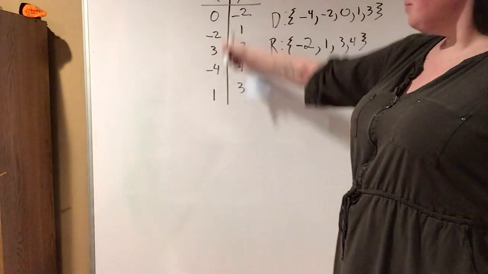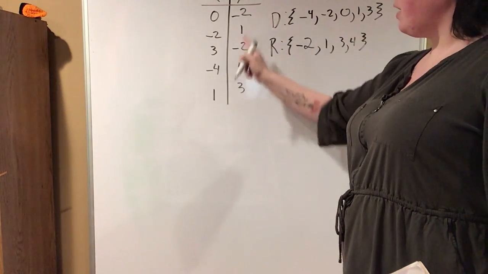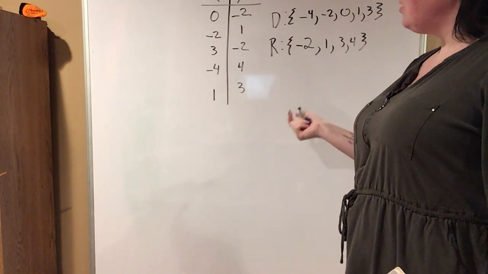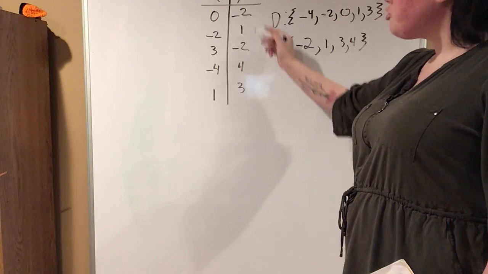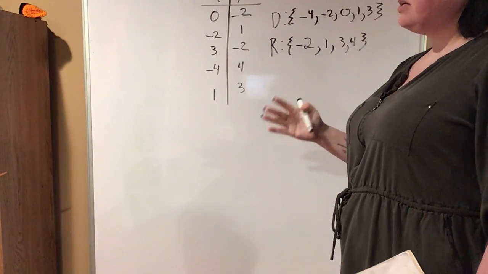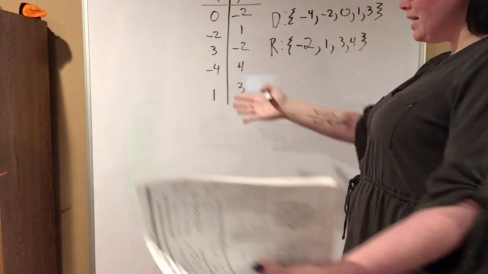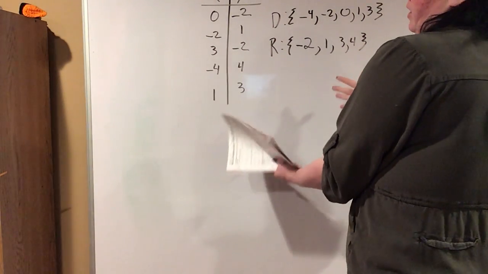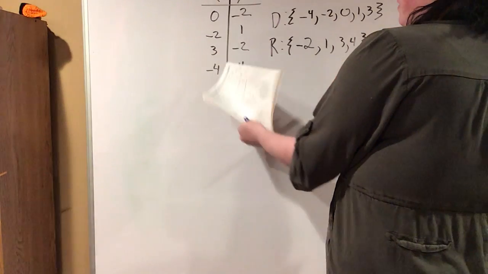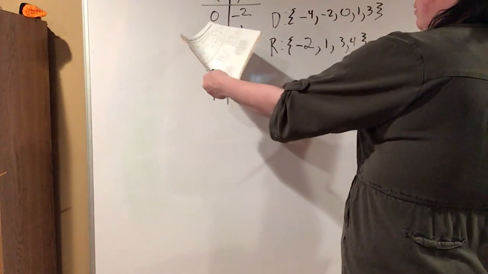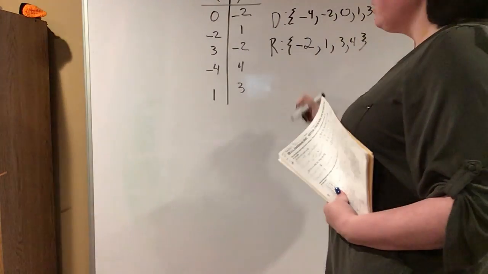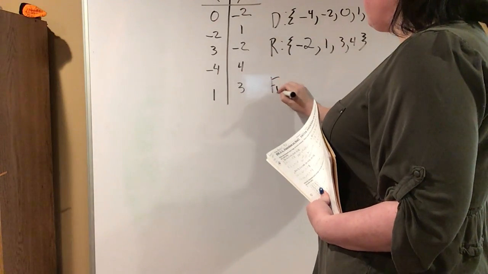So looking at the inputs, they all have a different output. But some kids are like, holy crap, but there's 2 -2s on the outputs. At this point, outputs don't matter. Each input is having a different output. So even if this has the same output, the inputs are different. So this is a function.